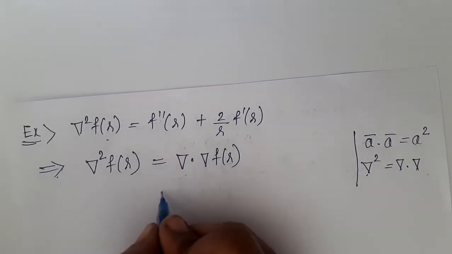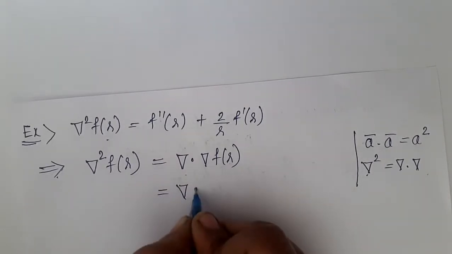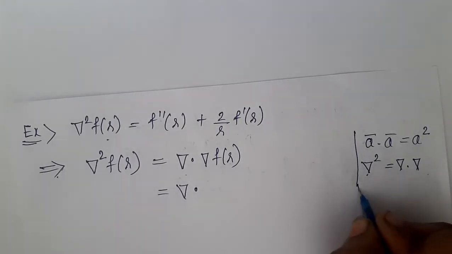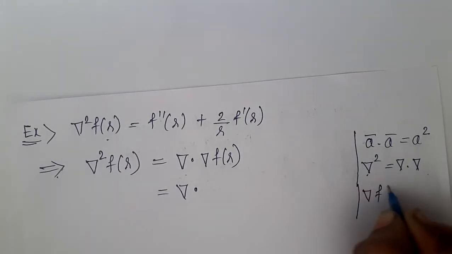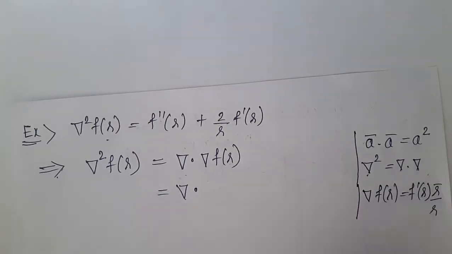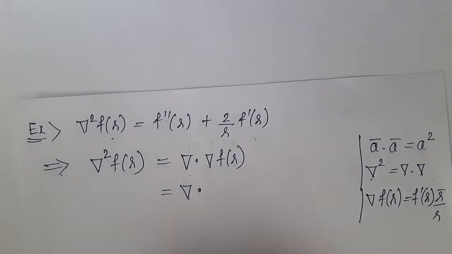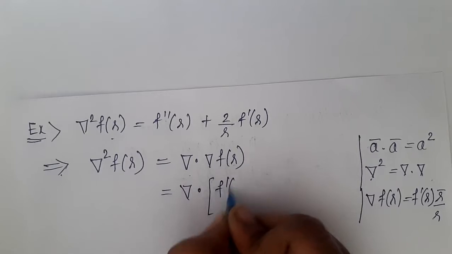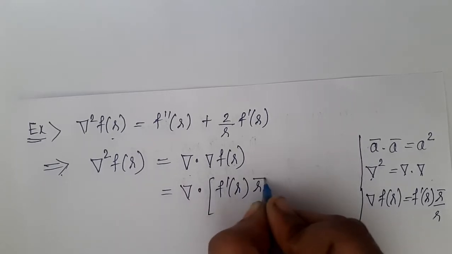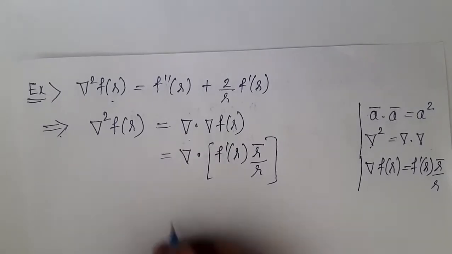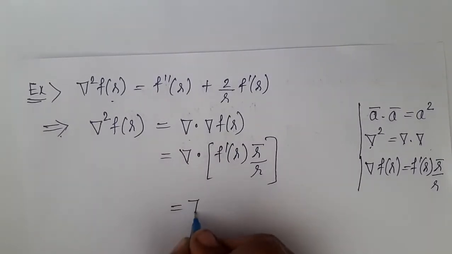Now what is del of f of r? Again we have one standard result: del of f of r is equal to f dash of r multiplied by vector r divided by r. So use the same standard result, it is f dash of r multiplied by vector r divided by r. Now it is del dot.